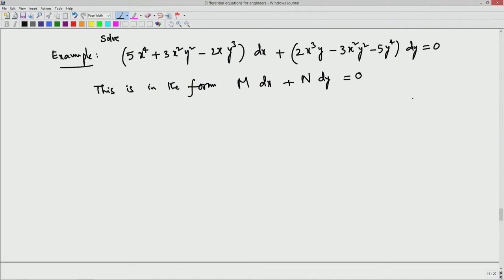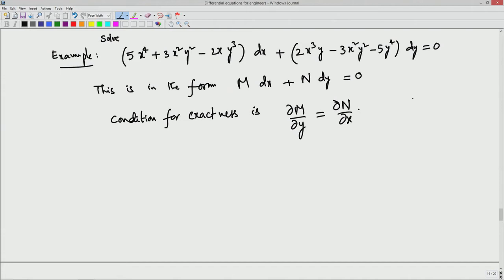In the procedure we just have to check whether the given equation is exact or not. The condition for exactness is ∂M/∂y = ∂N/∂x. We will check this condition.